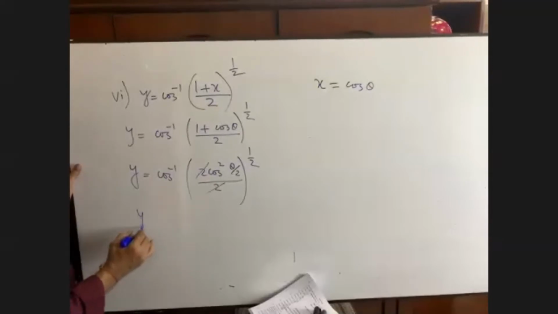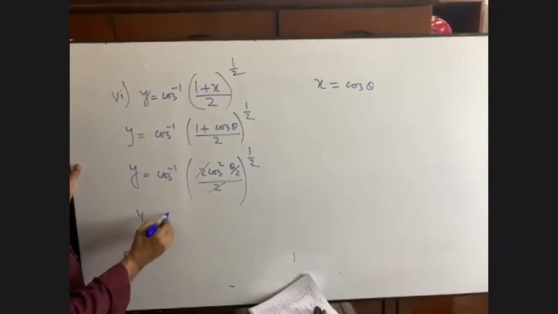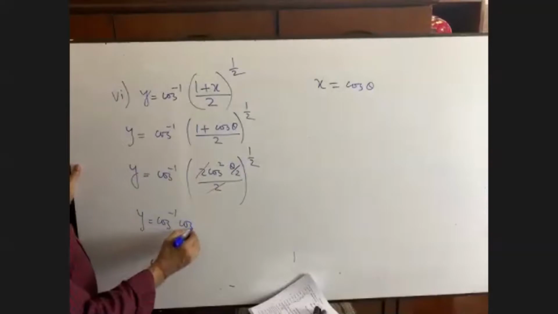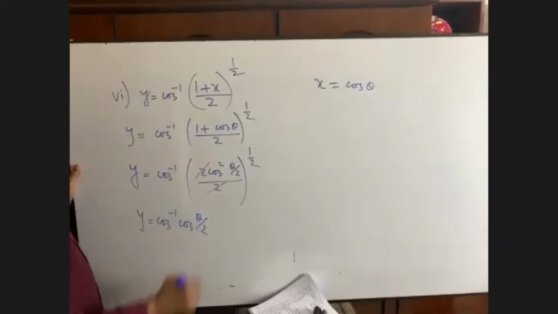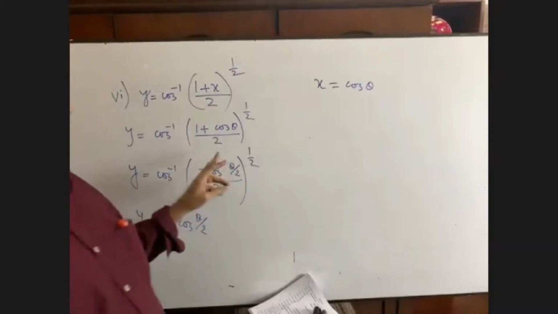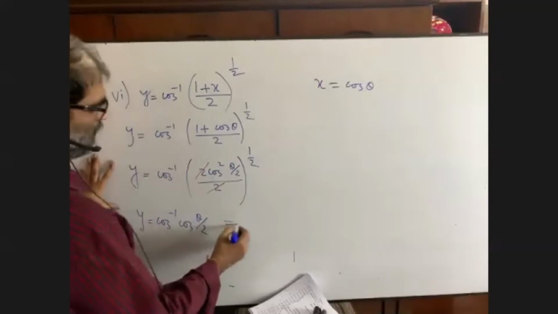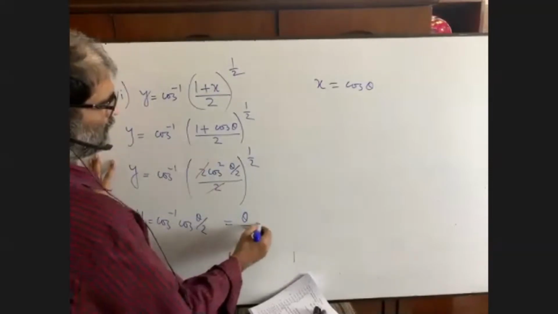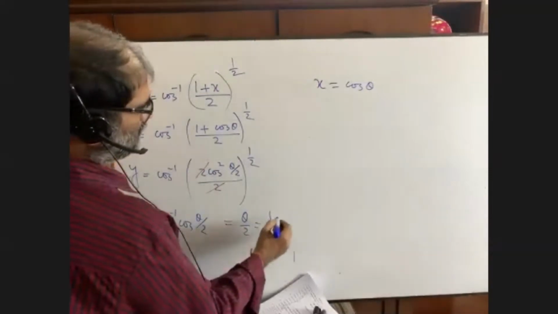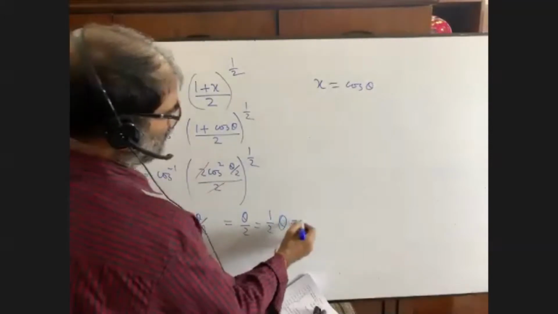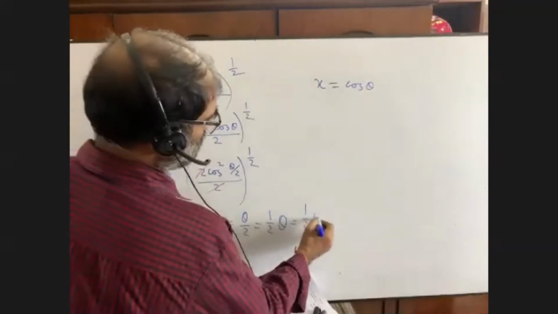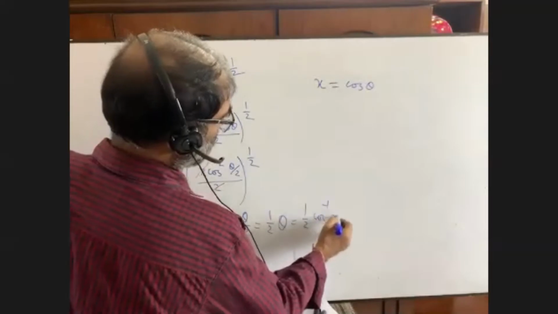That is y equal to cos inverse cos theta by 2, so we are left with theta by 2, that means half theta, half cos inverse x.